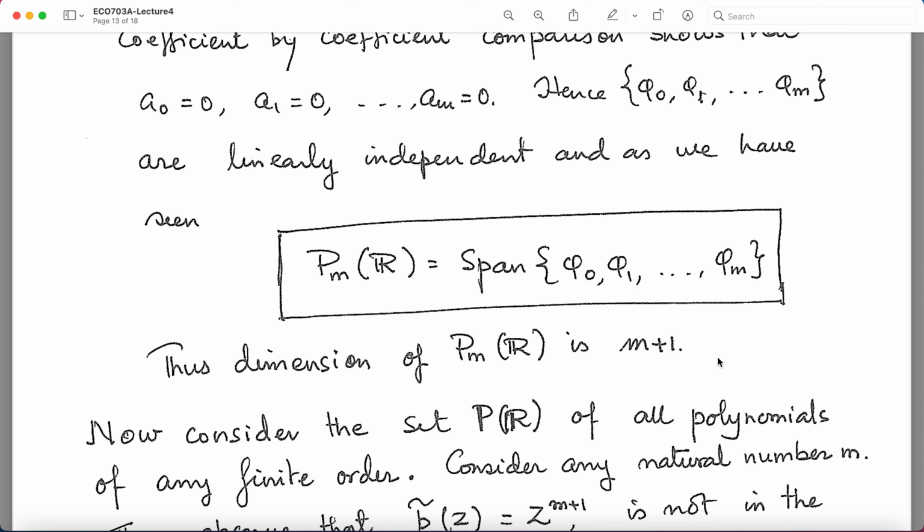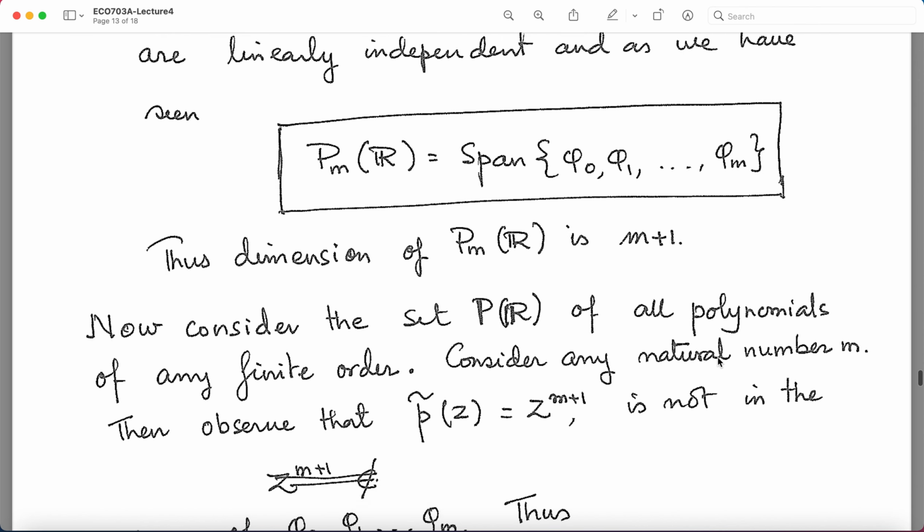Now, consider P(R) of all polynomials of any finite order, all possible orders are there. So, P(R) is all real polynomials of one real variable with real coefficients. What kind of space is this? It is an infinite dimensional space.